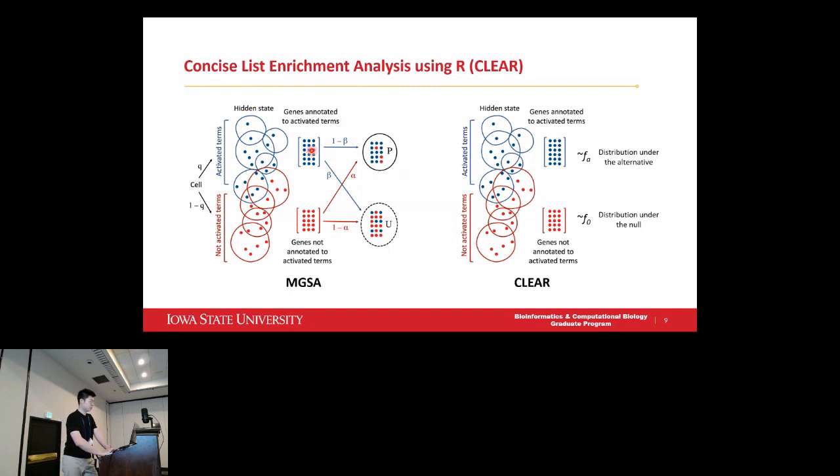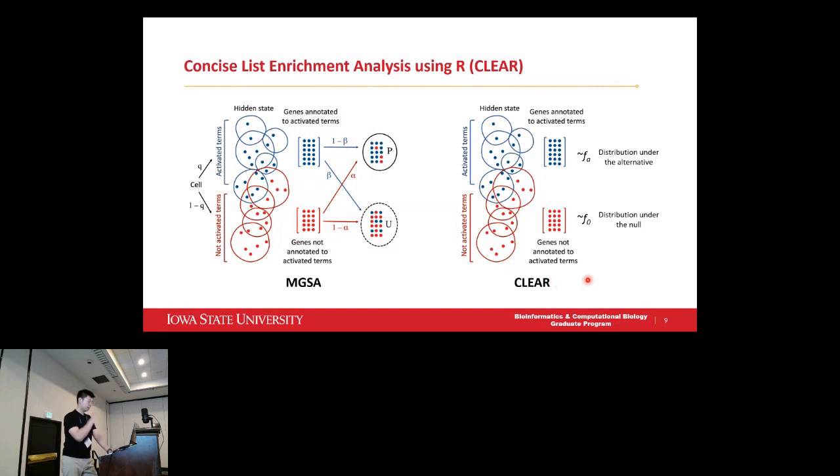For genes that are truly activated, there is a probability of 1 minus beta, the true positive rate, to be observed as perturbed, and a probability of beta, the false negative rate, to be observed as unperturbed. For genes that are not activated, similarly, alpha is the false positive rate and 1 minus alpha is the true negative rate.